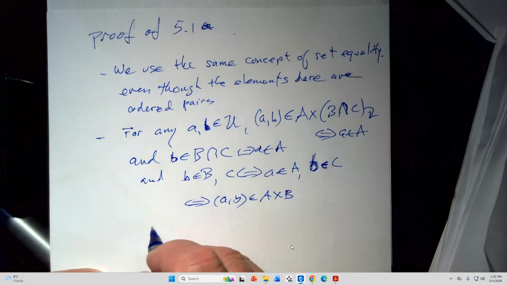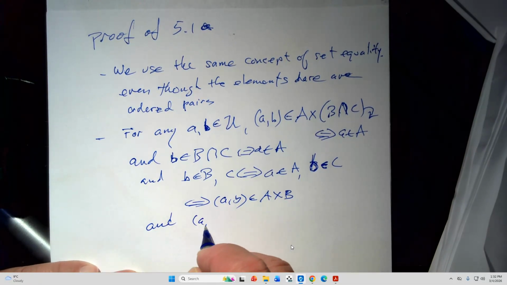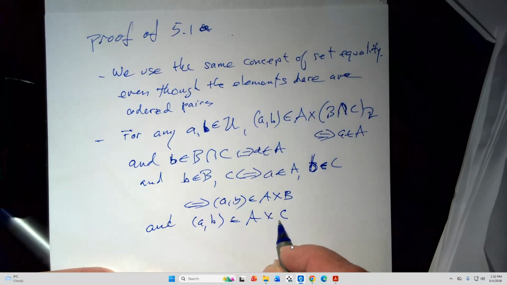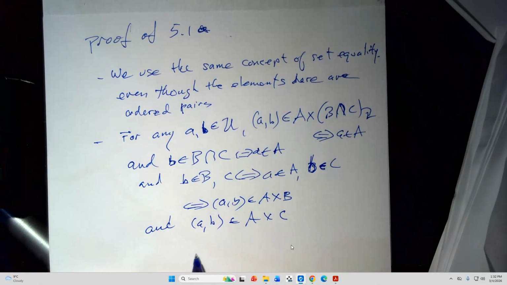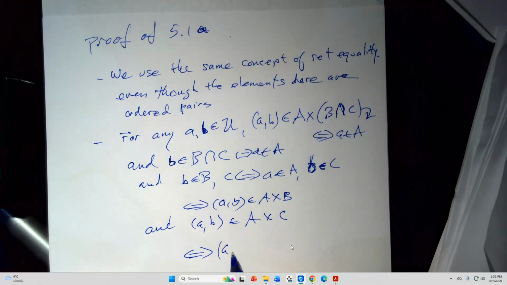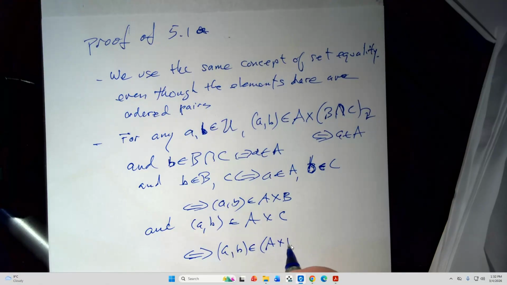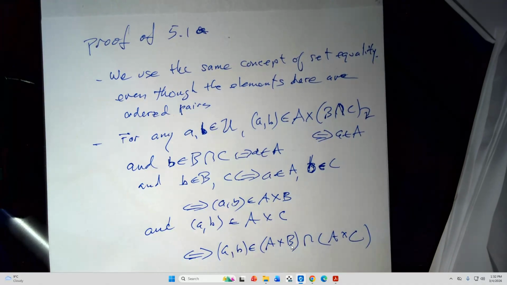And the ordered pair AB is an element of A cross C, which is the direction we're headed, which is equivalent to the ordered pair AB is an element of A cross B union or intersect A cross C. So it's like the element argument method.